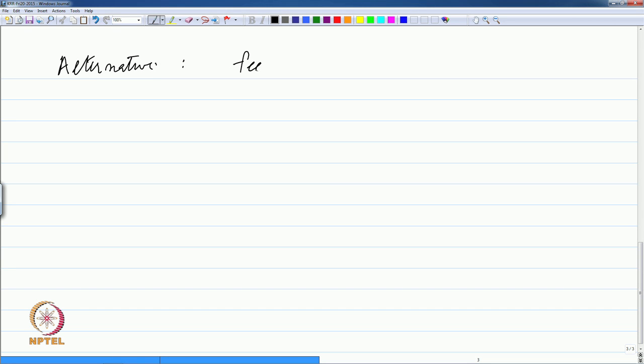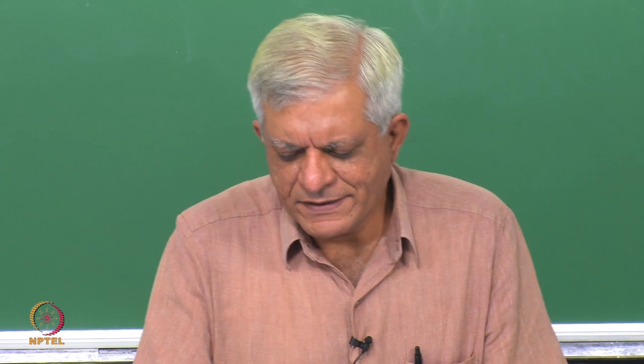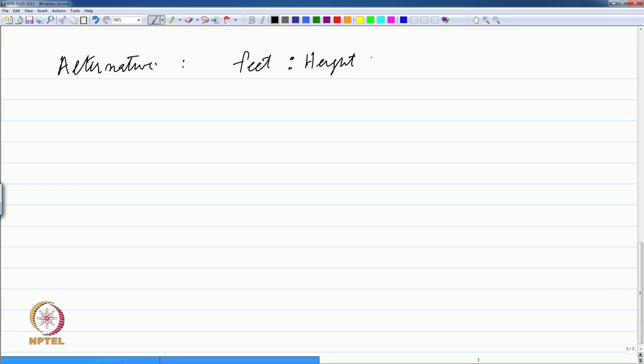We can say that feet, instead of it being a function from numbers to objects of type height, we can say it is the other way round, height to numbers. And then if we still want to say that Mary is 6 feet tall, then the same as before, we have Mary, then we apply this function height to Mary.